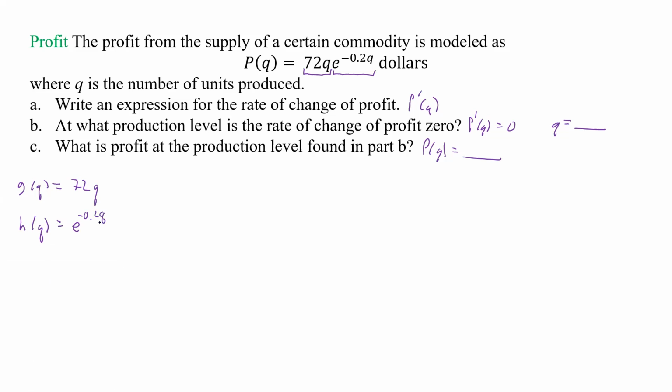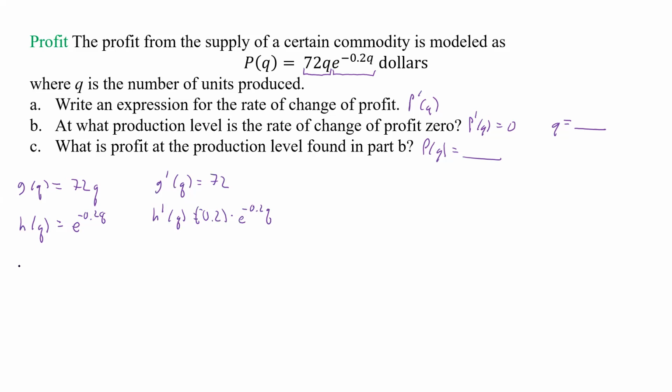Okay? Now, can we take those derivatives? Well, yeah, that's not going to be too bad. g prime of Q is equal to 72, and h prime of Q is going to be, if we take the ln of that, that's going to come down, we'll get a negative 0.2, and then times e to the negative 0.2 Q. Okay.